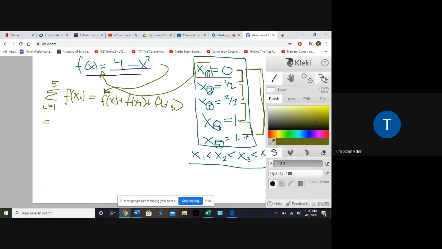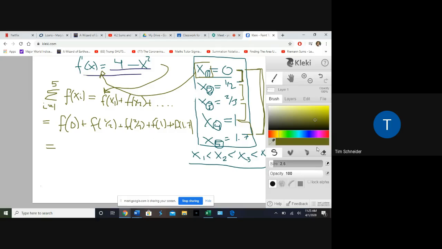Okay, so what would this actually give us? Well, this would give us f of 0 plus f of 1/2 plus f of 2/3 plus f of 1 plus f of 1.7.